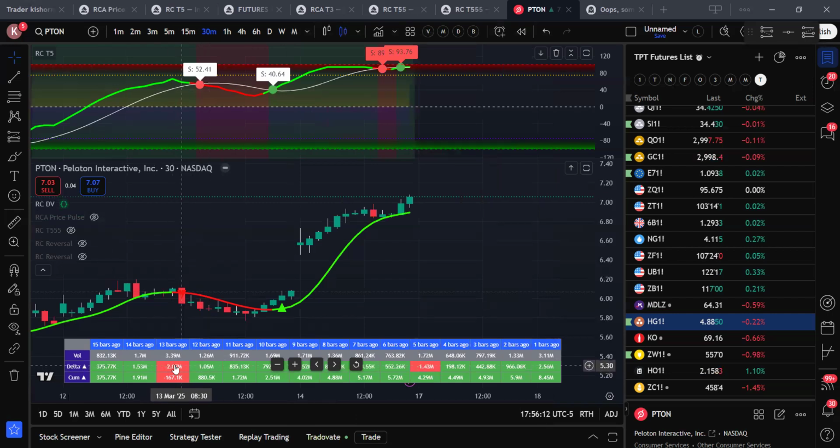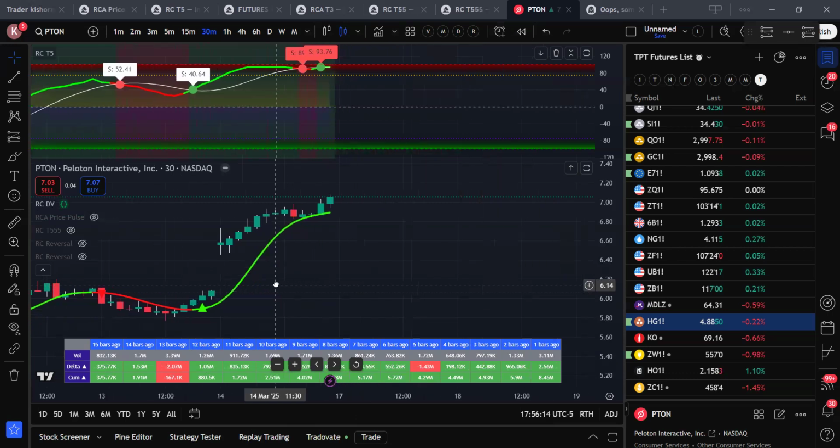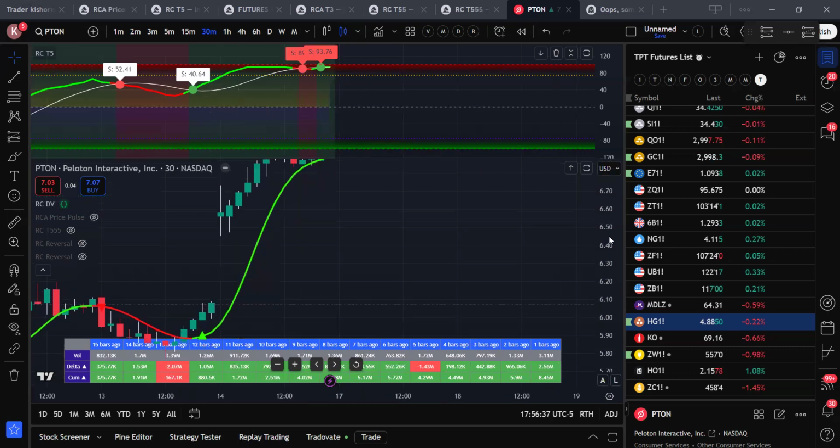Then immediately we know that something is going to happen in delta. Now you see my T5 also became green. My price pulse also became green. Minus 22 to plus 1, or minus 167 to plus 880. That is a huge opportunity. Immediately we can go and buy a call. In 1-2 days, we'll make huge profits.